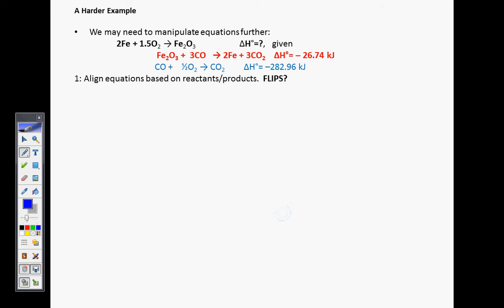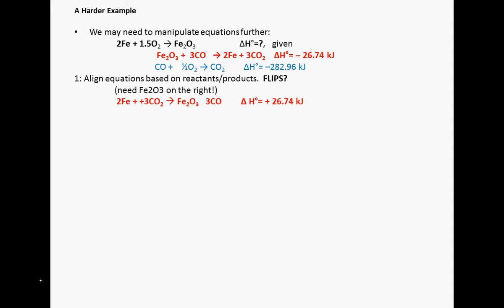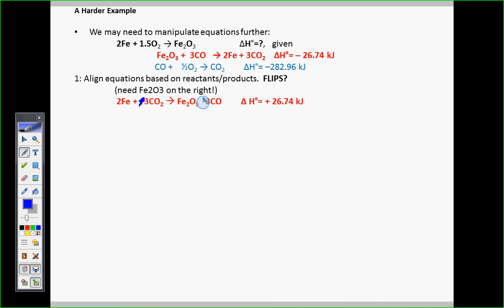Okay? So one of the things you might have to do is flip. So you look for flips. I want Fe2O3 on the right, so I flip the reaction. There should be a plus sign in there, no plus sign in there. That's my bad copy pasting. So ignore that, and there should be a plus in there.